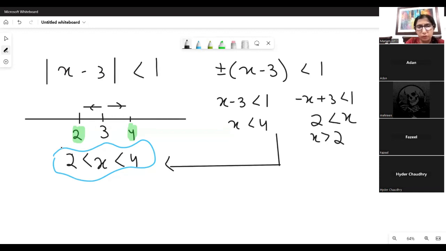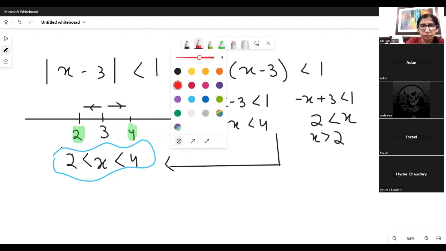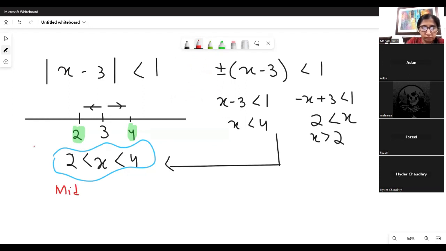व्हाट इज द मिड वैल्यू ऑफ 2 and 4? Yes, what is mid value of 2 and 4? 3.